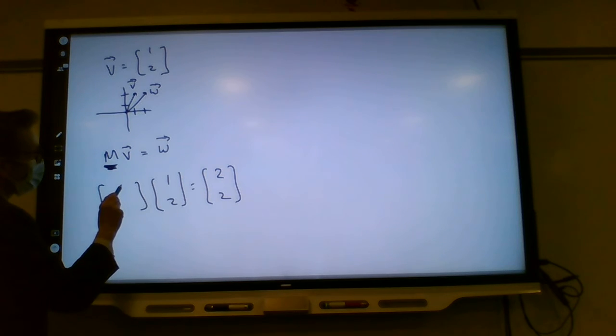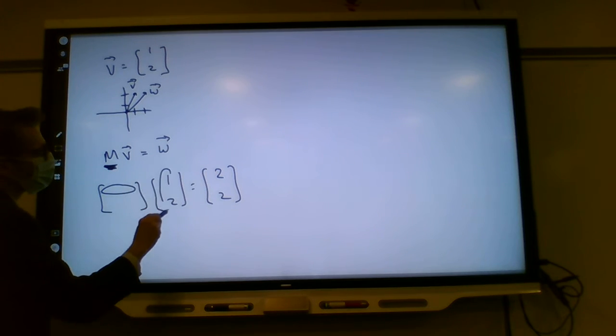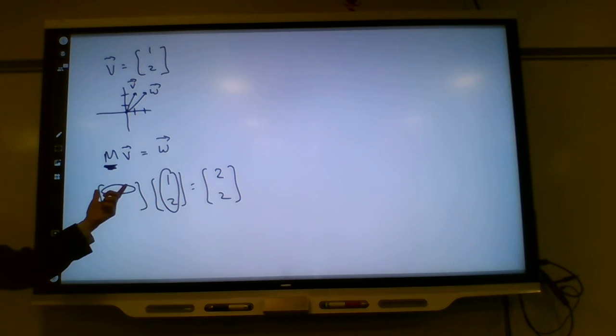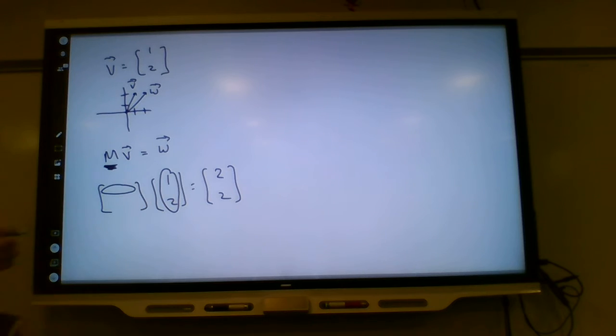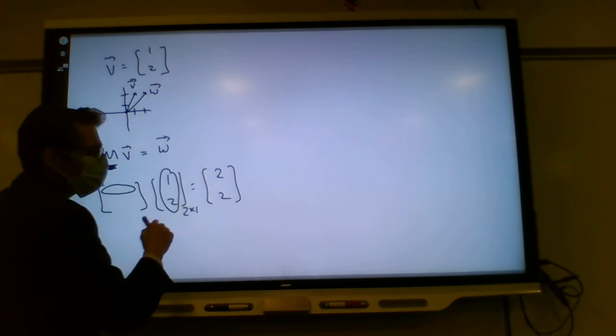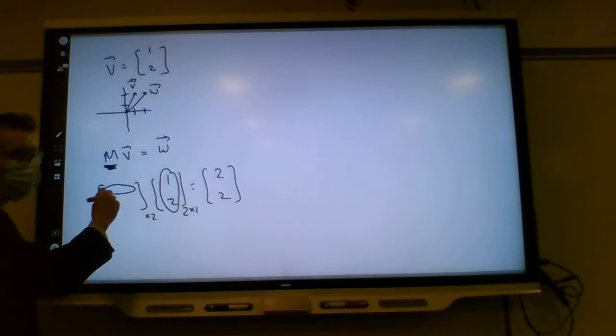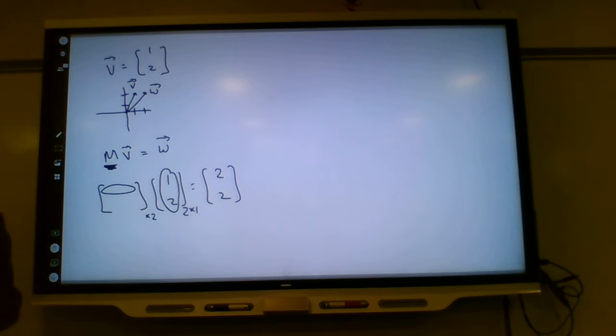I need to be able to do this dot product right there. So how many entries can there be? How many columns? There has to be 2 columns, right? In order to be able to do this, this vector is a 2 by 1, and I need 2 columns in this matrix.